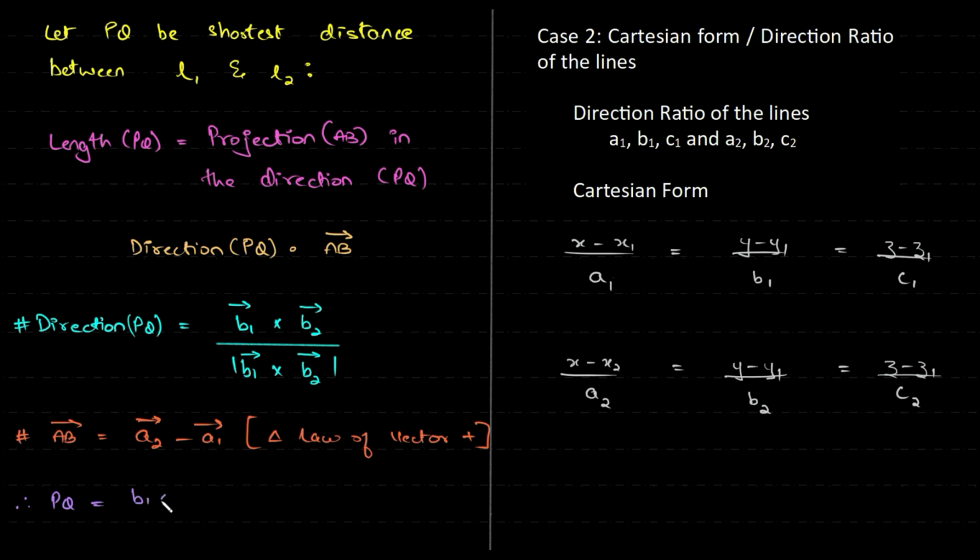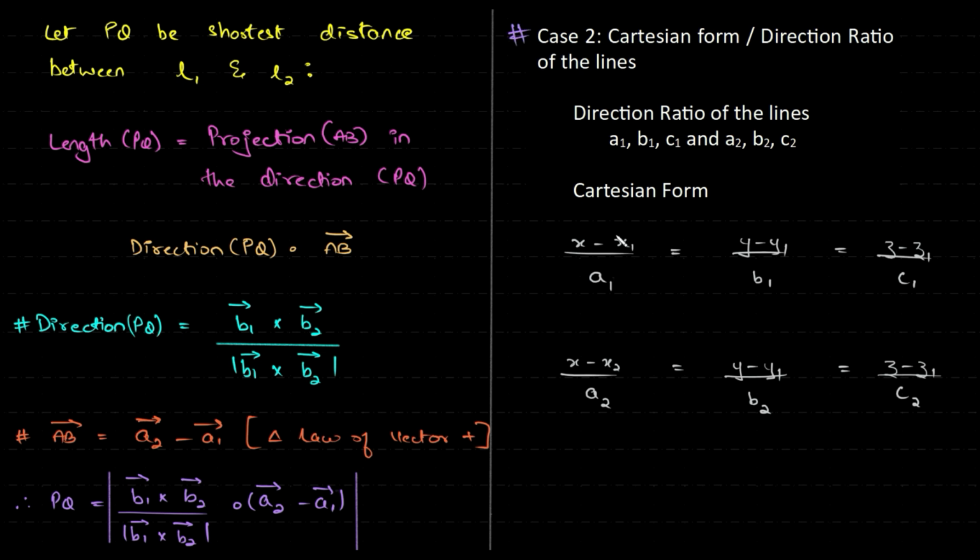So B1 cross B2 divided by the magnitude of the cross product between B1 and B2, dotted with A2 minus A1, open and close the brackets. So we have the direction, dot it with the length which we know of, and we'll get PQ, as simple as that. I hope now the concept is a lot more clear.